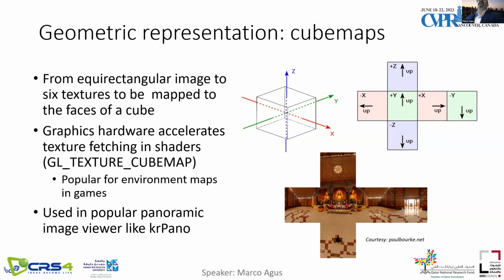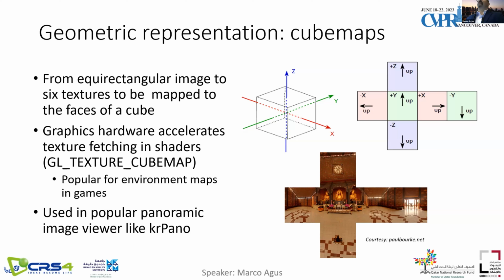The popularity of this method stands in the fact that graphics hardware accelerates texture fetching in shaders. And this is historically due to the fact that these cube maps have been very popular for maybe more than 10 years for creating environment maps for games or video games.